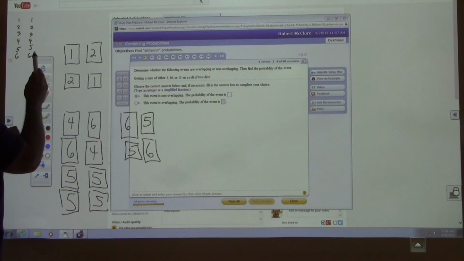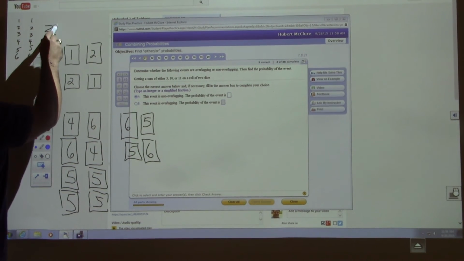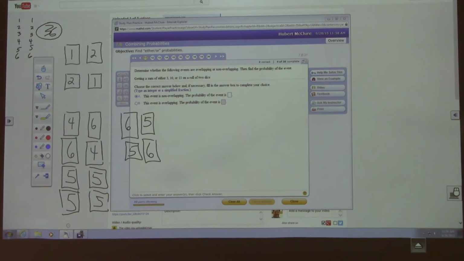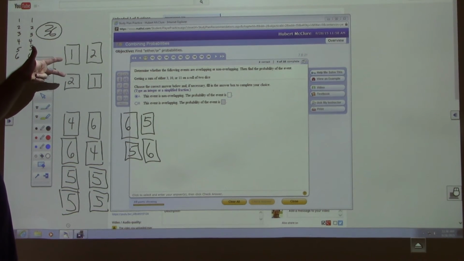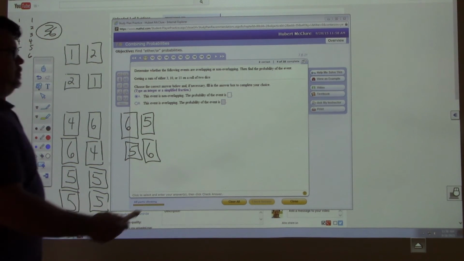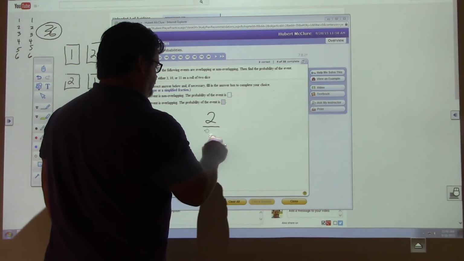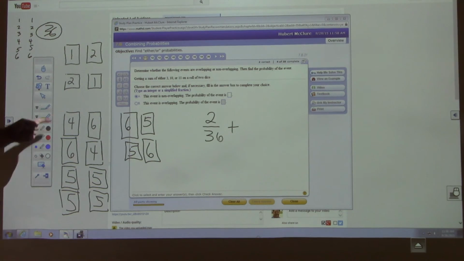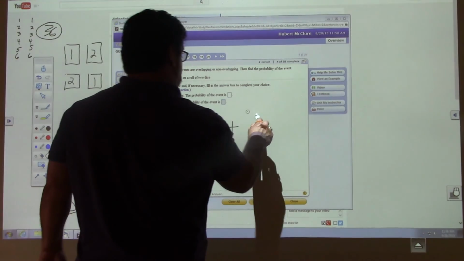So 6 times 6 is what? 36. So each one of these has a chance of 36 different things coming out, right? So how many is this? 2 out of what? 36. How many? 3 out of 36.